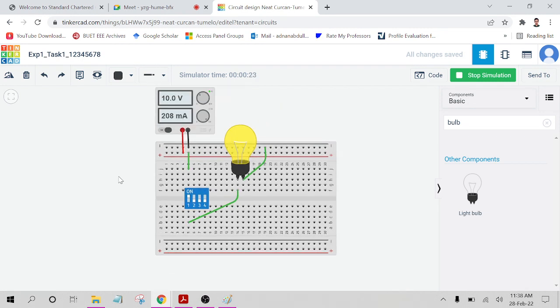Is everyone successful to power on the bulb? Yes, sir. Okay, congratulations. Now if we turn off the switch, the bulb should be off again and on again. So if you can turn on and off the bulb, then your circuit is okay.